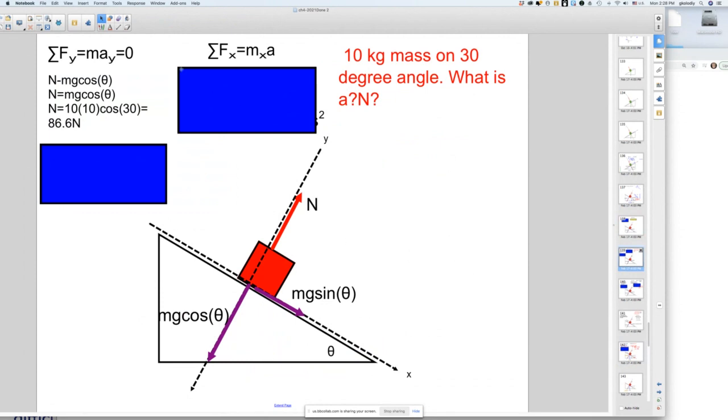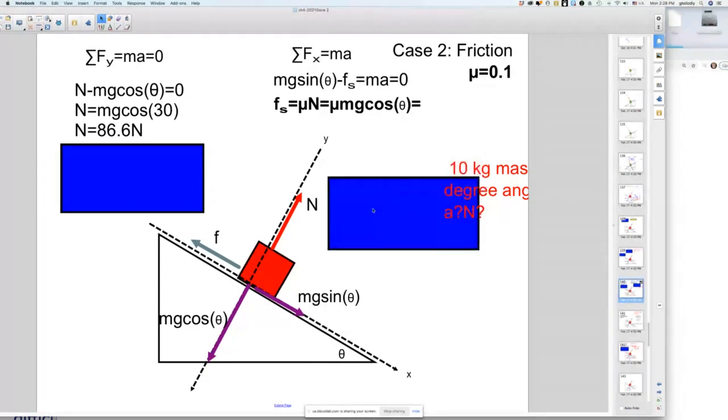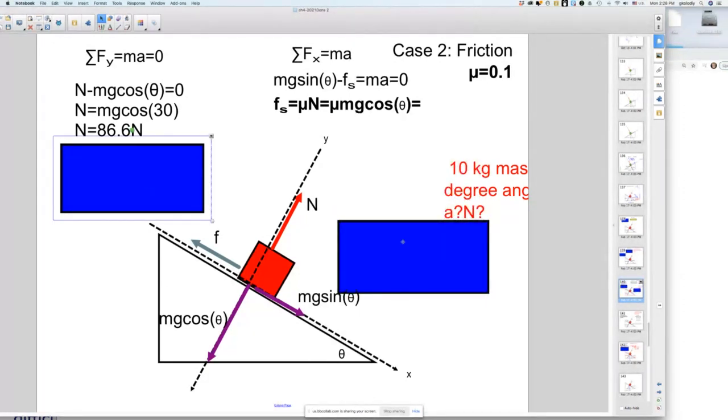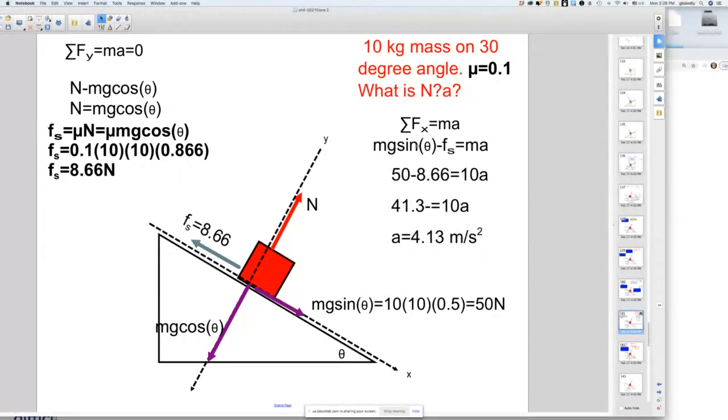What's going to be the force of friction? Well, we're putting in friction over here, depending on what mu is. For example, let's say mu is 0.1. So the force of friction is going to be mu mg cosine theta, mu is 0.1. And here's the calculation to find the normal force, 8.66. And here's the calculation to find the acceleration.